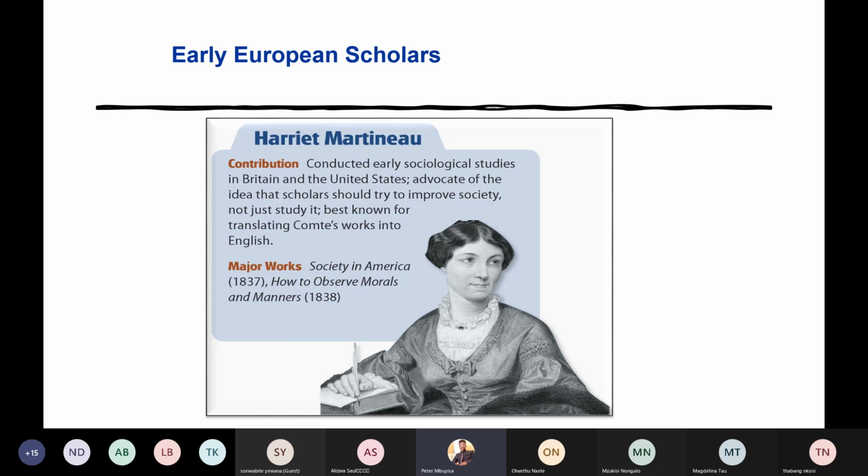Her work was more applicational, looking at how we apply sociology. The first book she wrote is Society in America, which looks at the applications of the gathered sociological knowledge in improving America. The other one is How to Observe Morals and Manners. This was based on her research and findings.